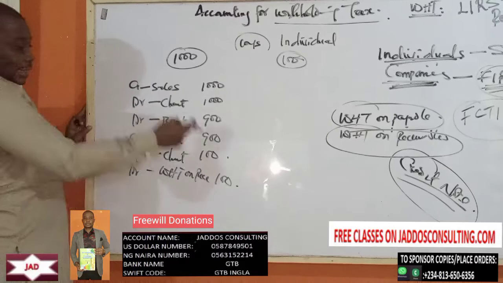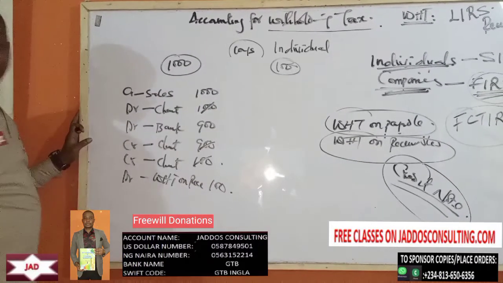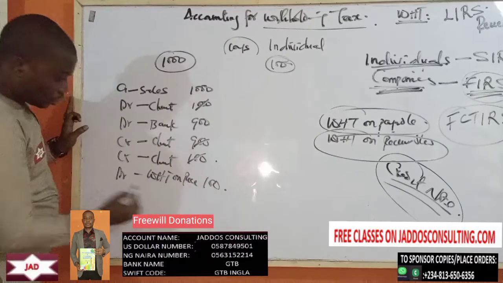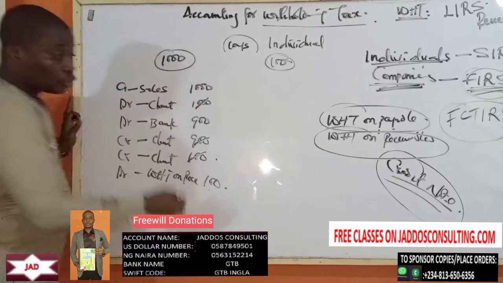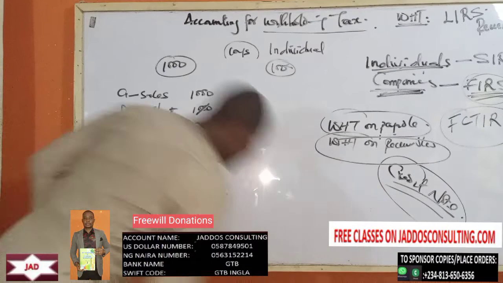So typically we cancel this out, right? In principle. So now what that means is that you have a withholding tax on receivable of 100 naira.